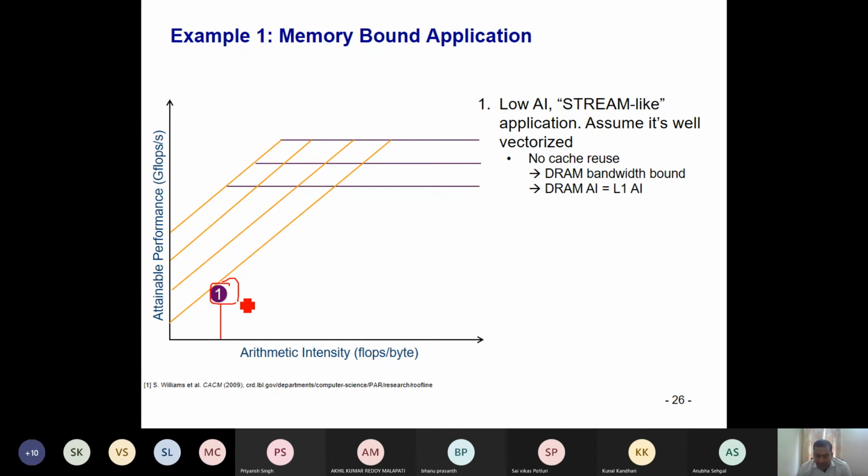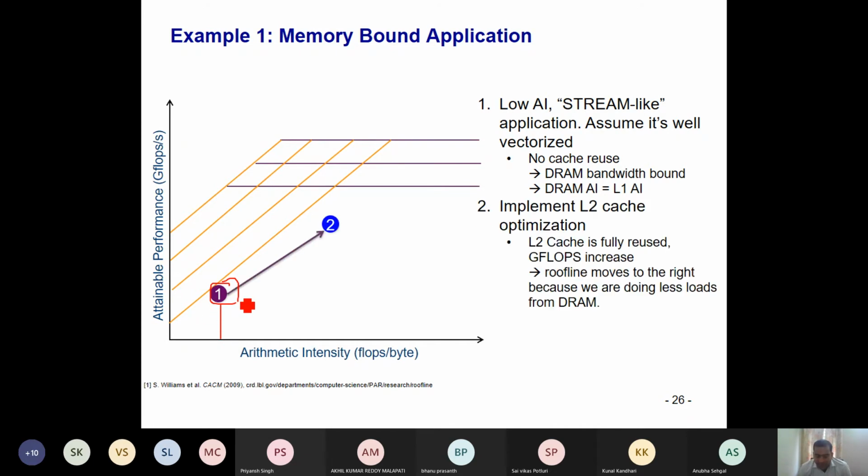So the first thing we'll try to do is improve the AI. Currently it is DRAM bandwidth bound. So we implement certain L2 cache optimizations.